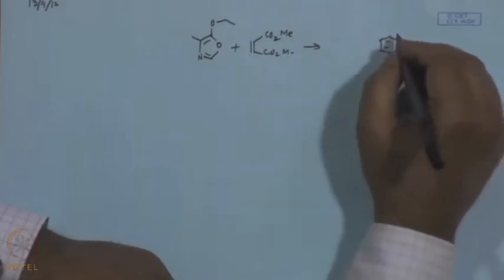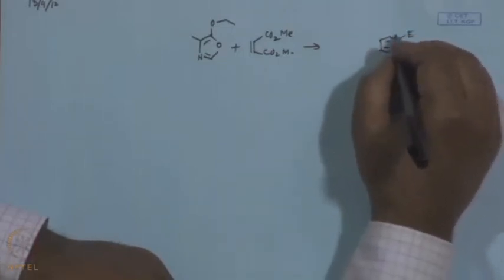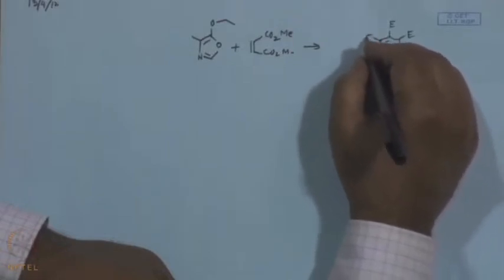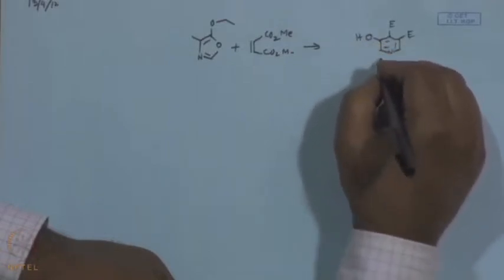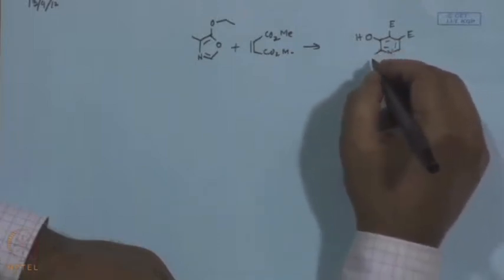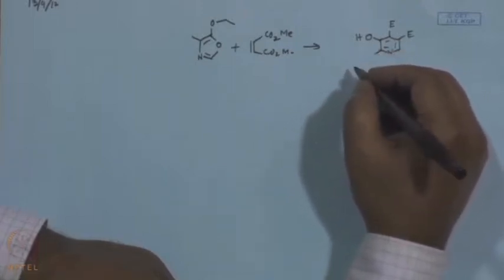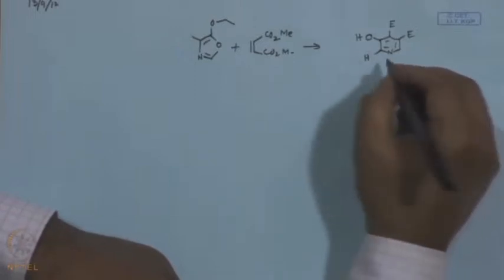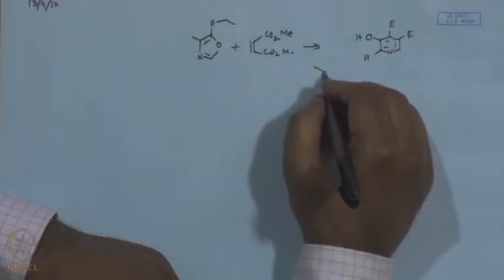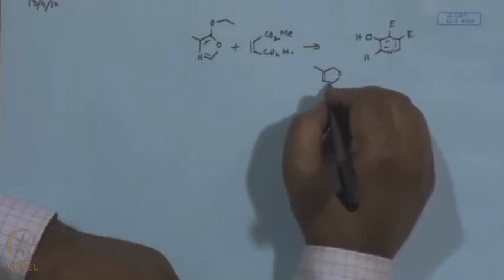The structure was wrong the last time. Actually, the ester should be in the 4 and 5 positions, and the OH is in the 3 position, and then there is the hydrogen up here, and so just do a small correction. Last time also, we missed one nitrogen.